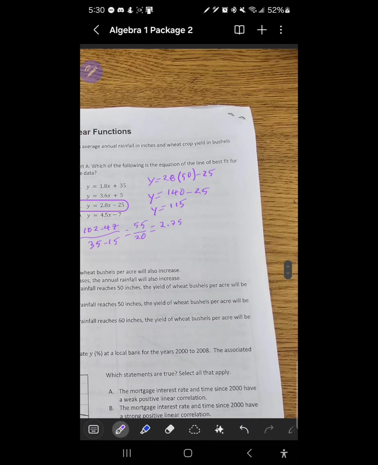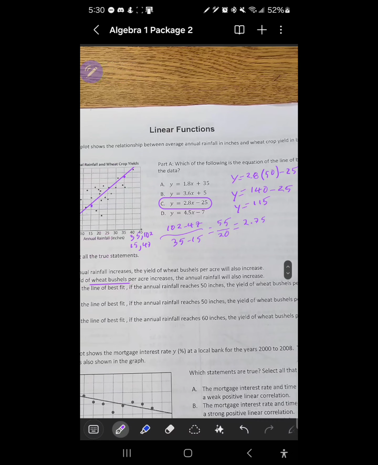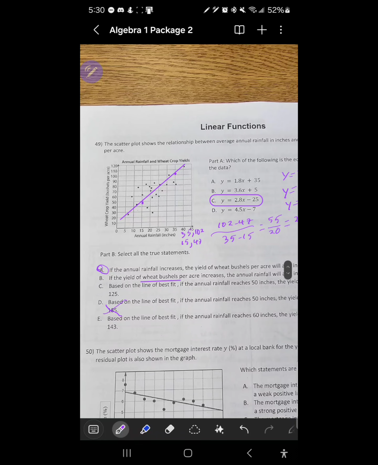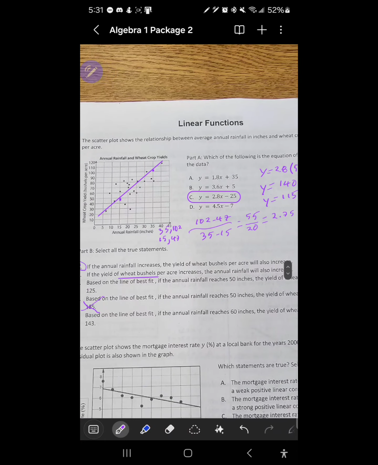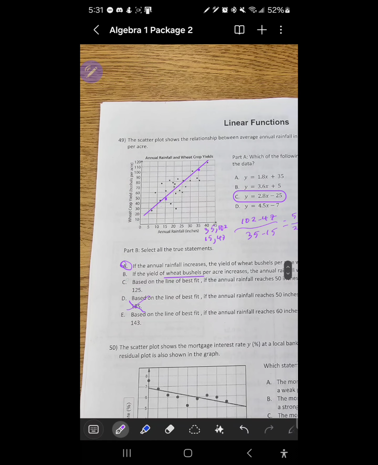And then for this, it actually could be 125, because there's not that much difference between 115 and 125. So I will say that this could be true.